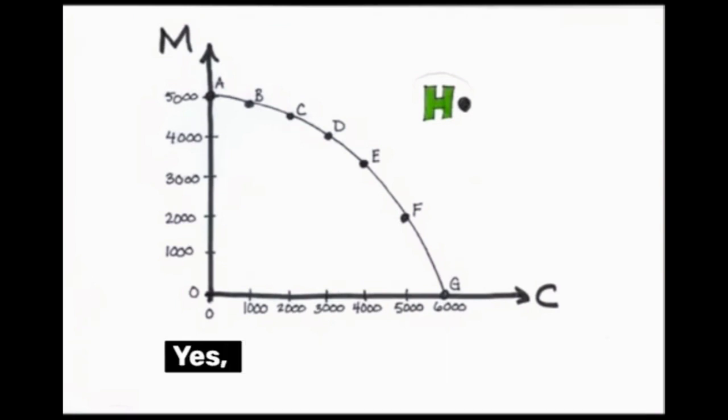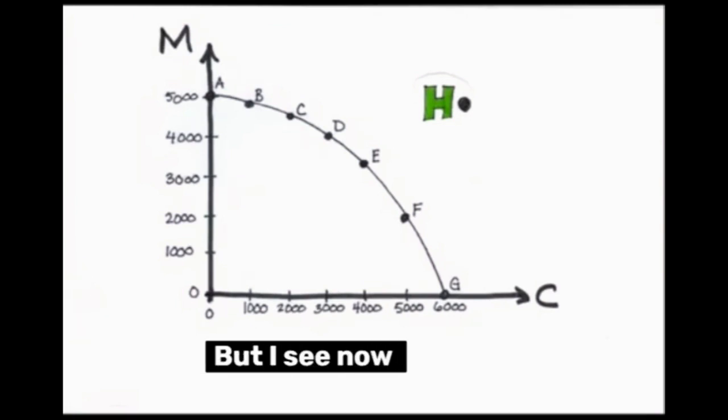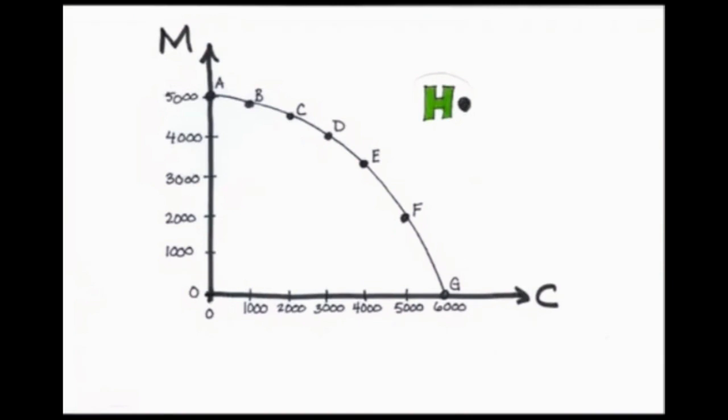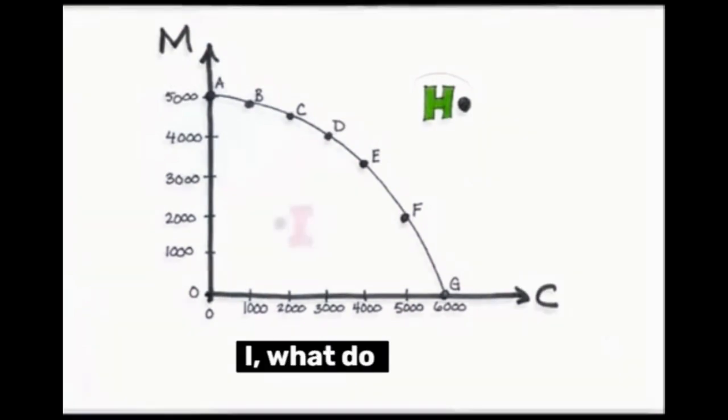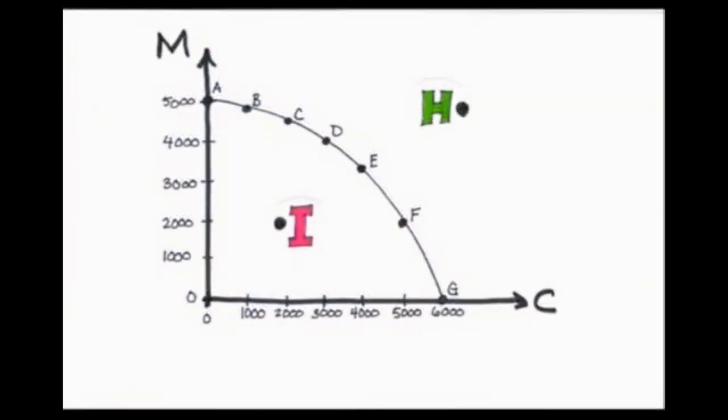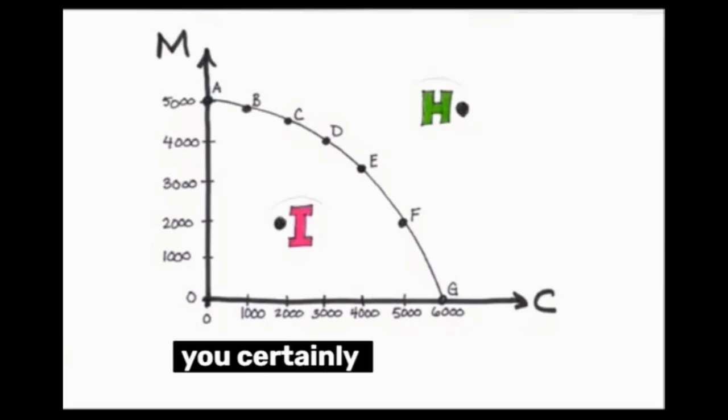To which the President responds, ah yes, you did make a mistake, but I see now. I choose point I. What do you tell the President? Well, Mr. or Mrs. President, you certainly could choose point I, but then we would have resources going to waste. In particular, you might point out that unused resources are unemployed resources.